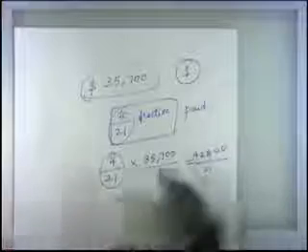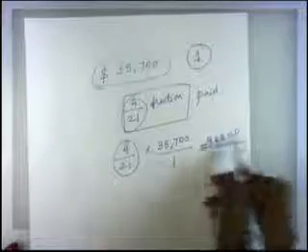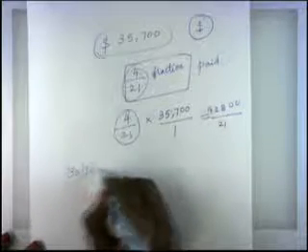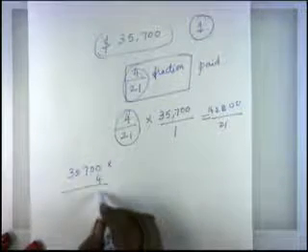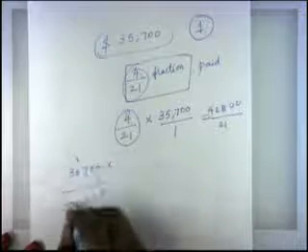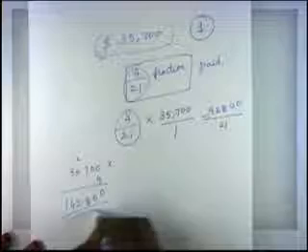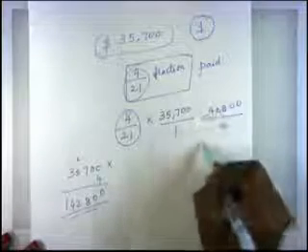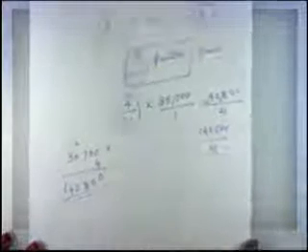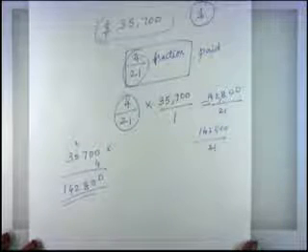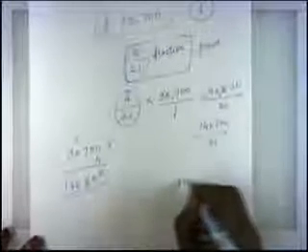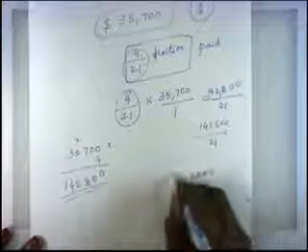So what I have done here to get a huge number is I multiplied 35,700 by 4. So I have 142,800 at the top and 21 at the bottom. So we will just go ahead and divide it. That way we can get the dollars and cents, right? So let's go ahead and divide it.